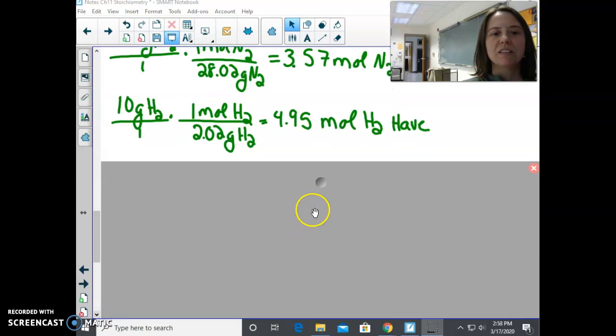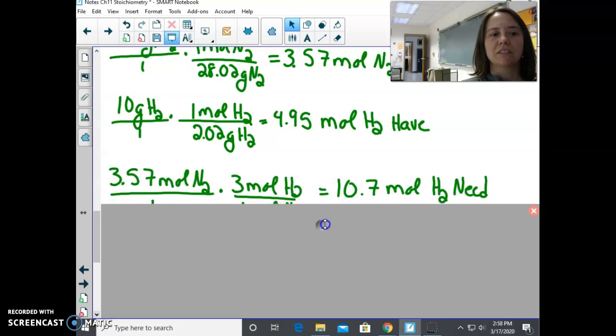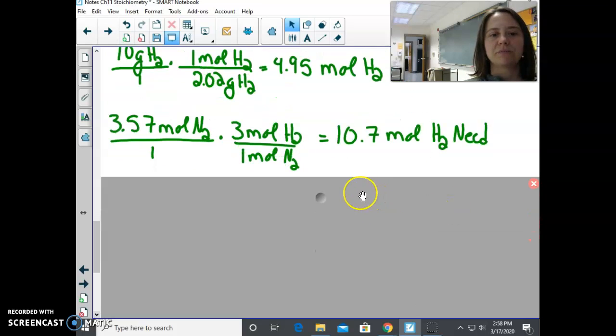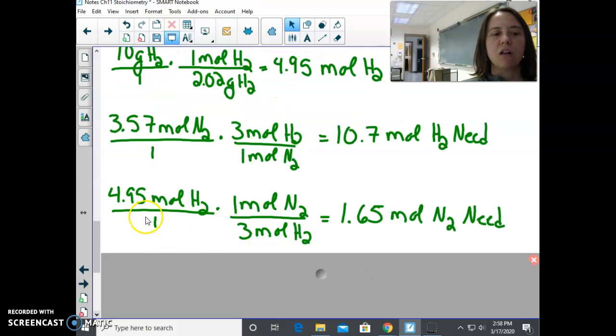The next step is to figure out if all of reactant A reacted, how much of reactant B would be needed. So if all of the nitrogen reacted, we would need 10.7 moles of hydrogen, and we label that need. If all of the hydrogen reacted, we would need 1.65 moles of nitrogen, which is our need.